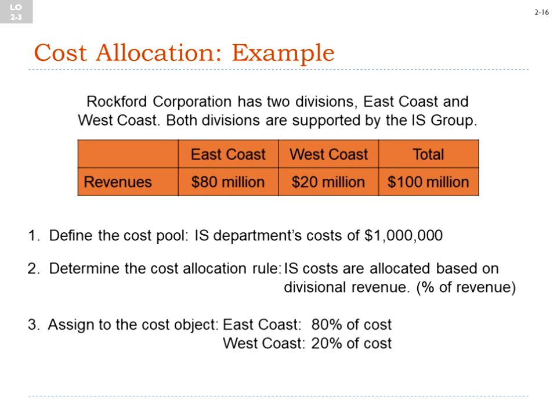All right, so let's look at this example, which is also in your book on page 47. Rockford Corporation has 2 divisions, East Coast and West Coast, and both divisions are supported by the IS group. Some companies call it the IS group, some call it the IT group, but IS stands for Information Systems. In this case, the IS group is costing the company $1 million.